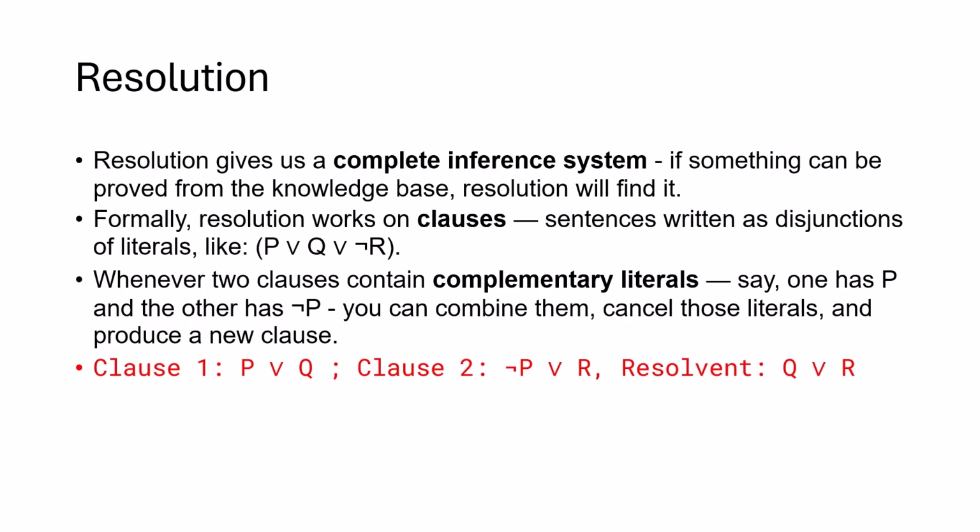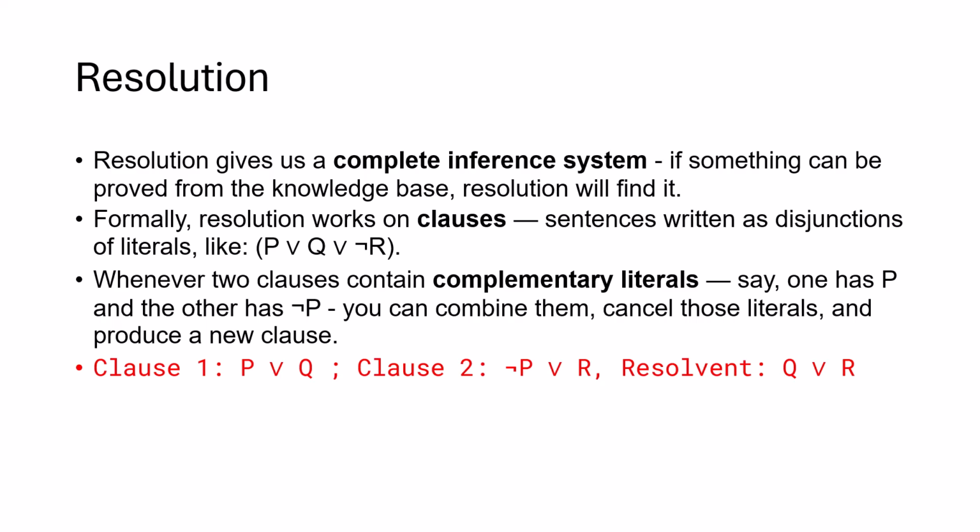Resolution fixes this. It's a single, simple rule that when combined with systematic search can derive everything that's true in propositional logic. So resolution gives us a complete inference system. If something can be proved from the knowledge base, resolution will find it. So that's very important, okay?